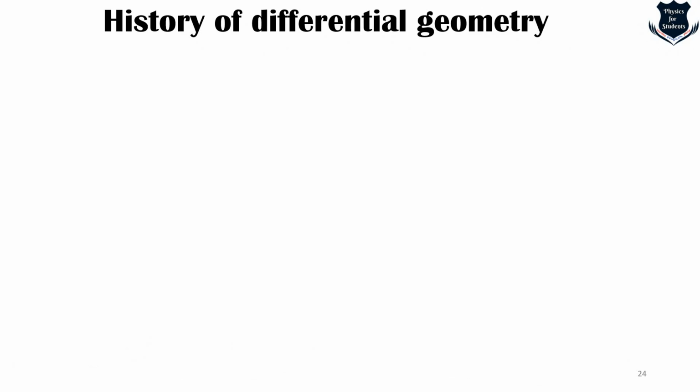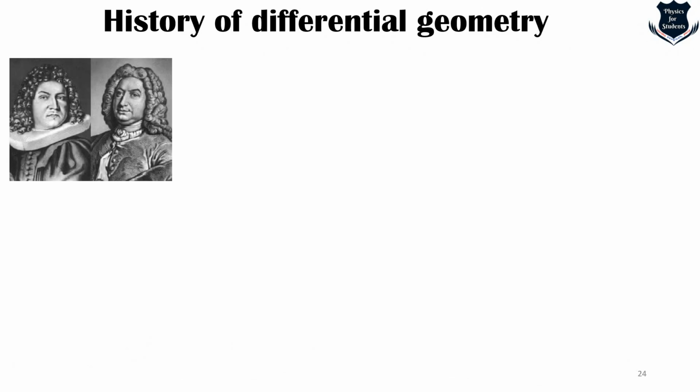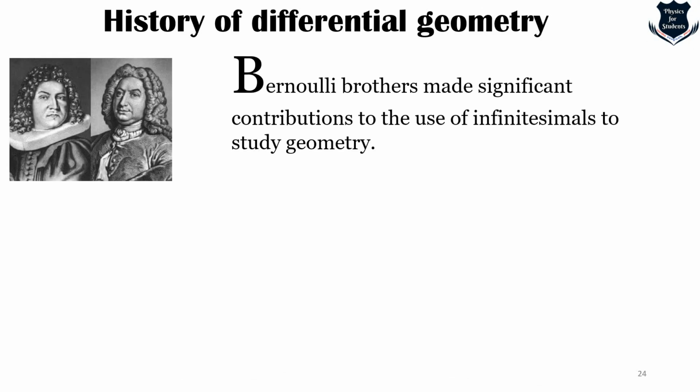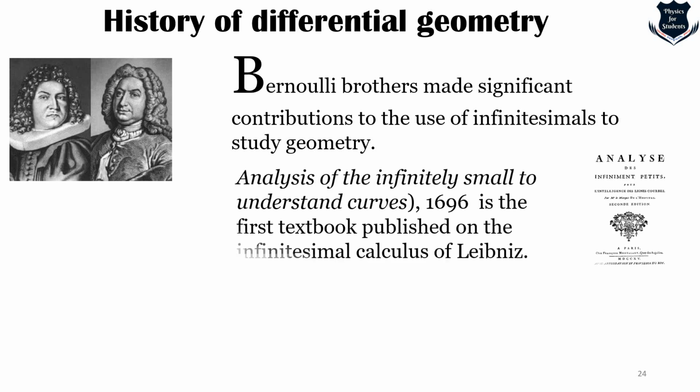Shortly after this time, the Bernoulli brothers, Jacob and Johann Bernoulli, made early contributions to the use of infinitesimal symbols to study geometry, and in lectures by Johann Bernoulli at that time, later collated by L'Hopital in his first textbook on differential calculus, the tangents to plane curves of various types are computed, and similarly points of inflection are calculated.